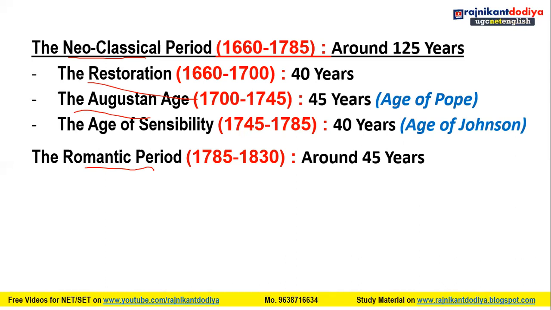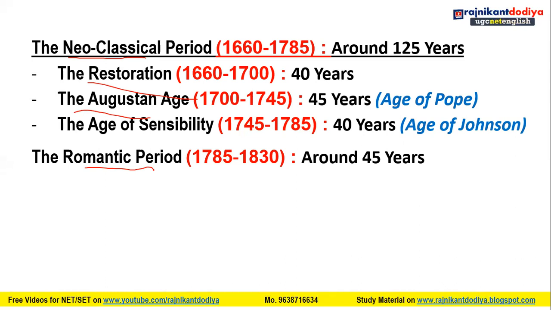And it is also considered 1798, a very particular year, because the Lyrical Ballads was published by Wordsworth and Coleridge. So three different years are there which marked the beginning of the Romantic period.